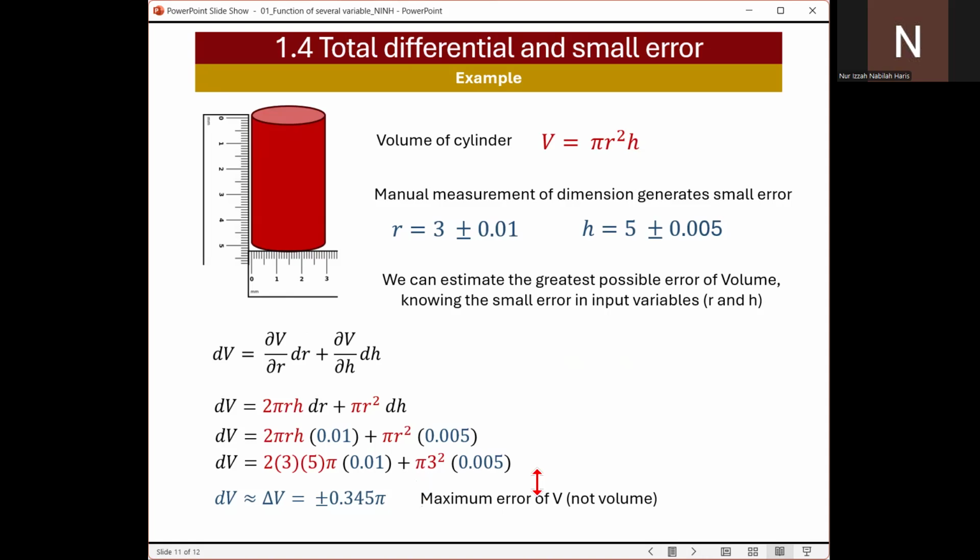So if you want to know the maximum value that you can get, you still have to use the volume formula. Just input the upper value of the radius.